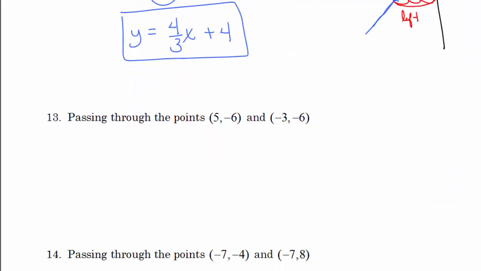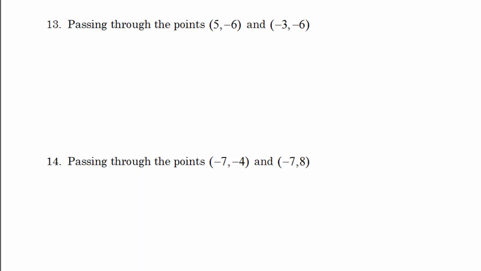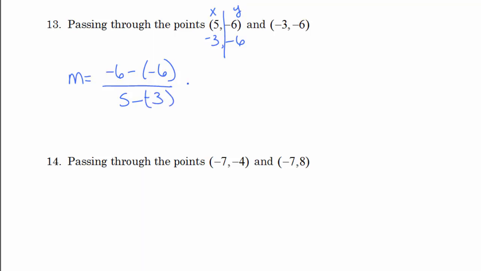We have 2 more examples. Yep, we're back to the points. Let's see if you can remember some things we've had in previous lessons. Well, hopefully you remember about the slope. So if I line those up, and remember we do the y's over the x's, what's going to happen here?